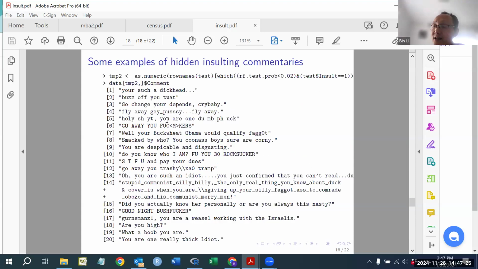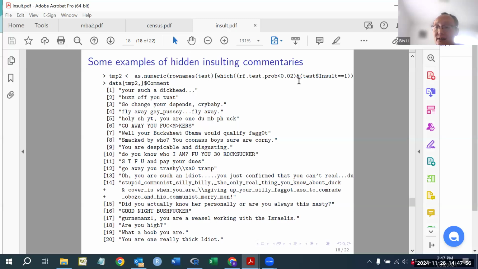And the next is I can also focus on those false negative errors. What is a false negative error? False negative errors mean that from the eye of the random forest classifier, it's a non-insulting comment, almost surely, but actually it's an insulting comment. So that's the false negative errors.